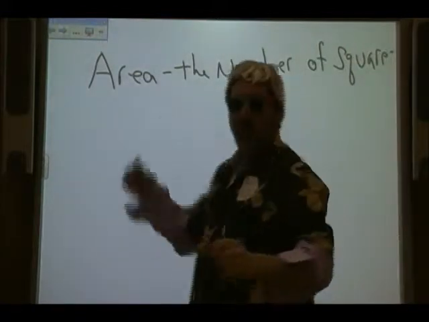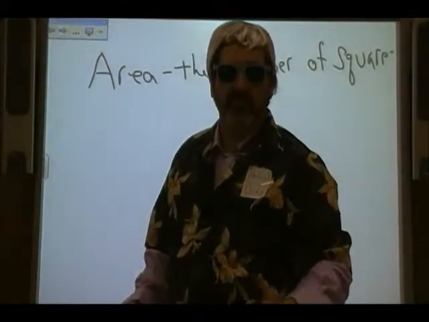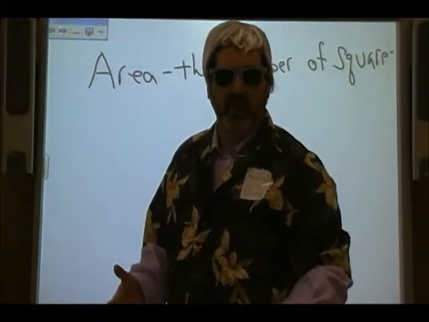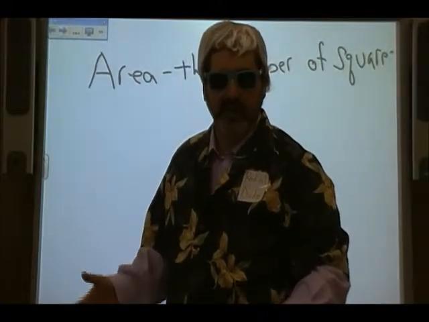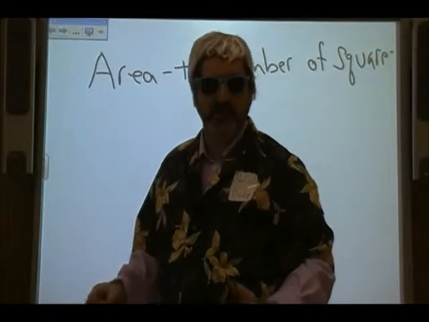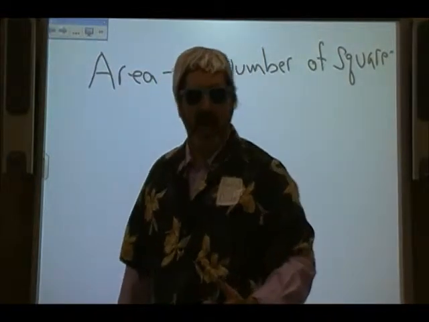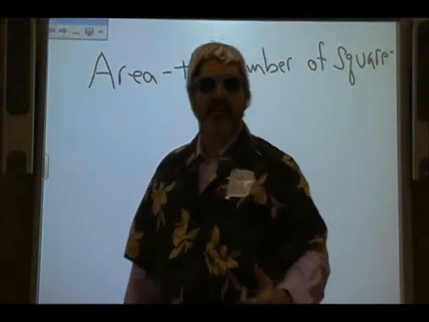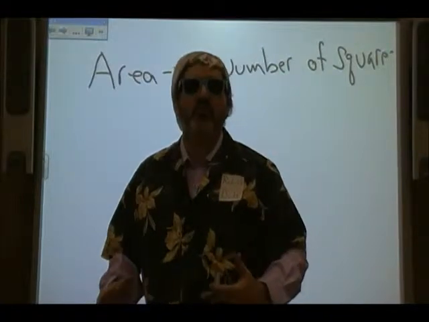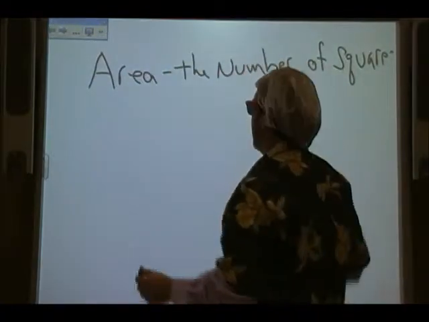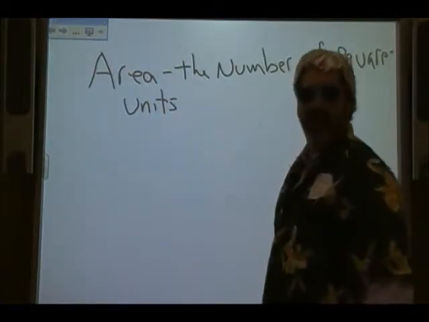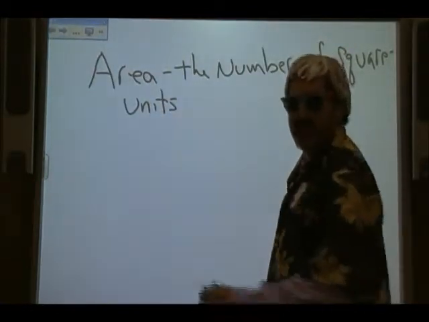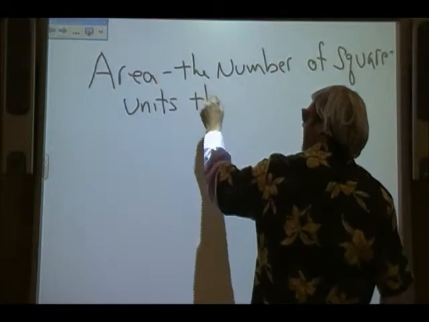Now, because we don't know the measure, they can be square yards, square meters, square meat, square inches. Did I just say square meat? I meant square feet. Since they could be any of those, we don't know, we're going to call them square units. And it's the number of square units that fit in a polygon.